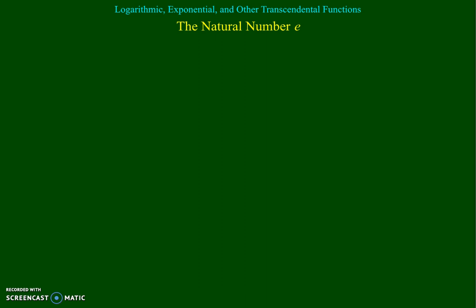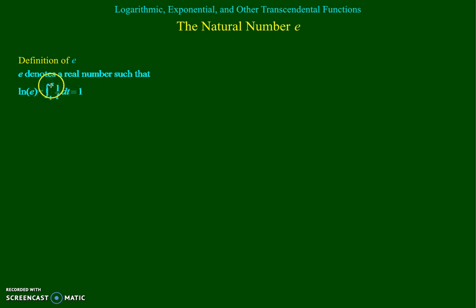We're going to start this video with a real brief description of the natural number, which is a fundamental part of the natural logarithm. The definition of the natural number is a direct extension of the definition of natural log. If you recall, the definition of natural log was the natural log of x is equal to the integral from 1 to x of 1 over t dt.